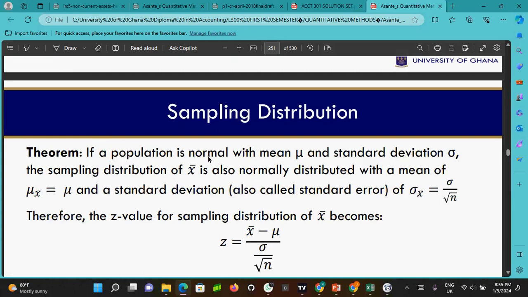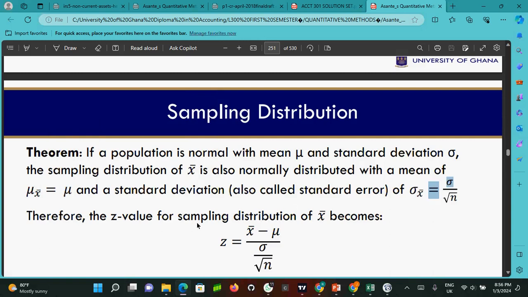It says that if a population has a normal distribution with a mean and a standard deviation, then the sampling distribution of x-bar, which is the sample mean, is normally distributed with a mean of mu, which is the population mean, and the standard deviation is the so-called standard error, which is here.